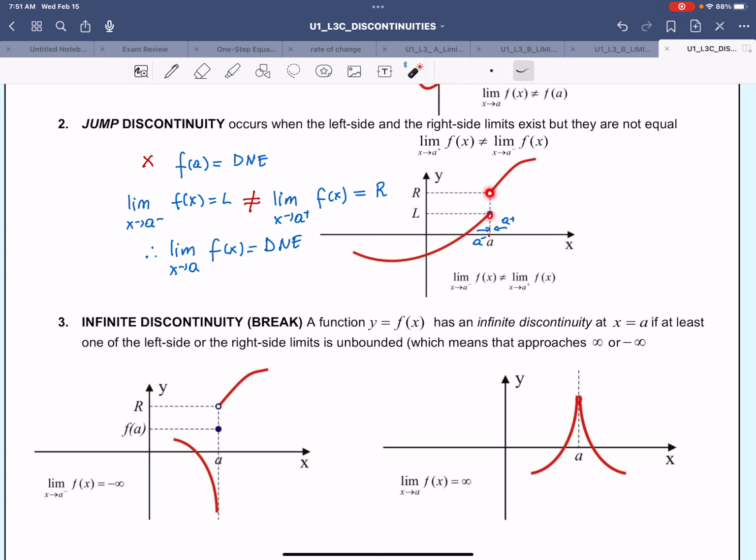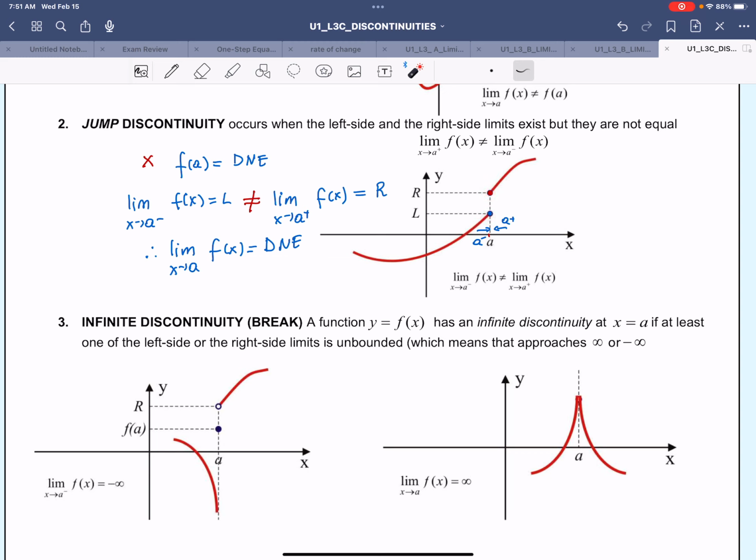How would that have changed the type of discontinuity? Well, the type of discontinuity wouldn't have changed, right? It would have still been a jump discontinuity. And that is thanks to the fact that the limits on the left and right are different, which means the limit doesn't exist. So it is the limit that actually determines the type of discontinuity, and not just the fact that the function is undefined at that point.